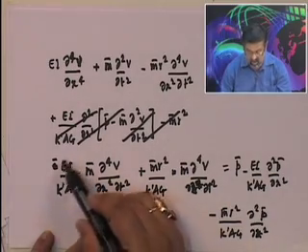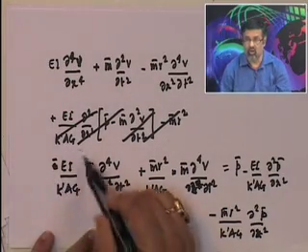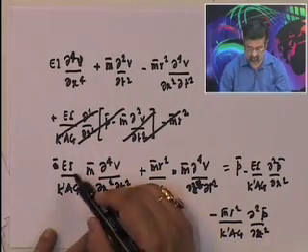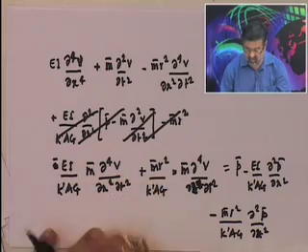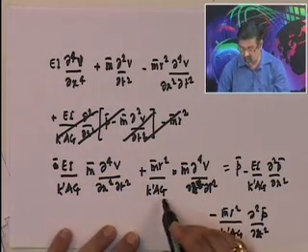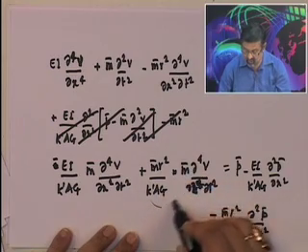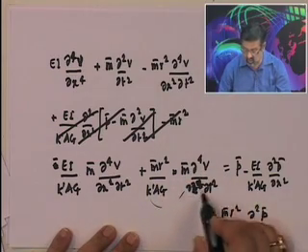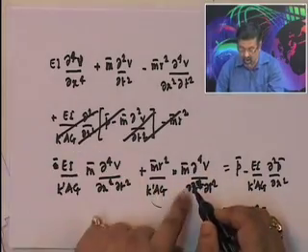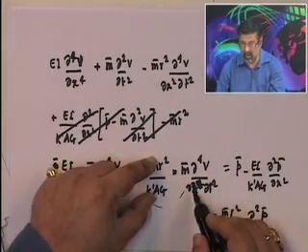This part EI upon k prime is also in terms of distance squared, and this is also distance squared. So, if you look at all of these, this whole part basically becomes m bar into distance squared.